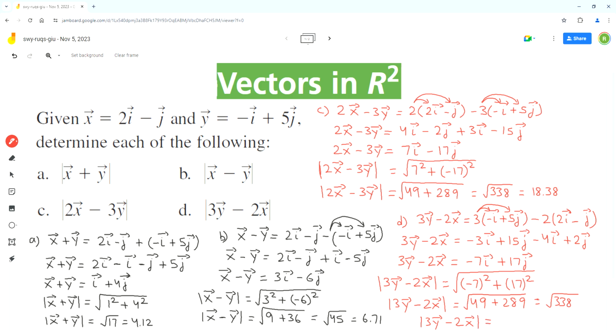And the square root of 338 is 18.38. So we got the same answer for parts C and D. So these are the steps you have to keep in mind to solve a problem like this one.